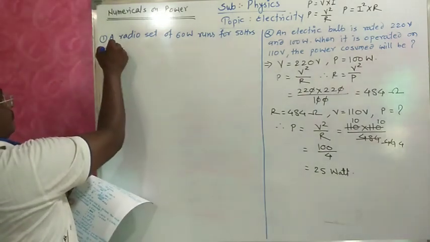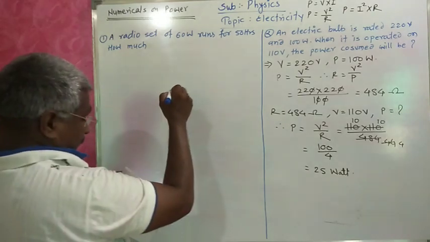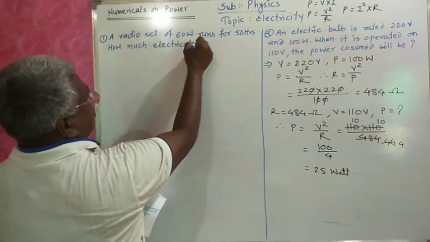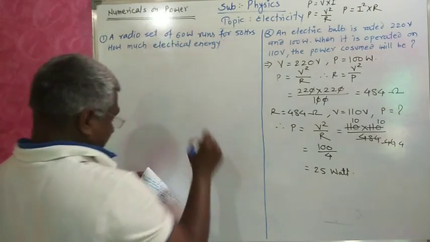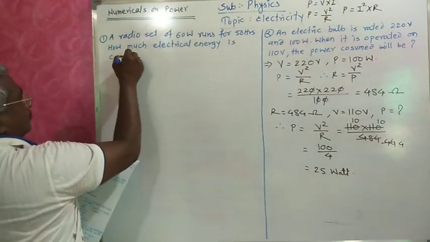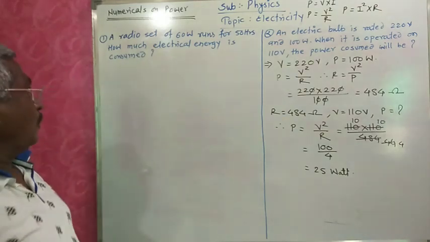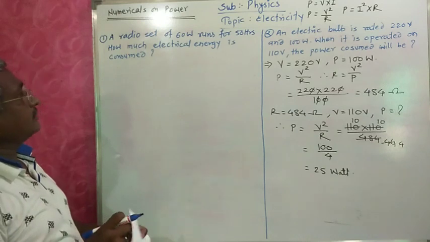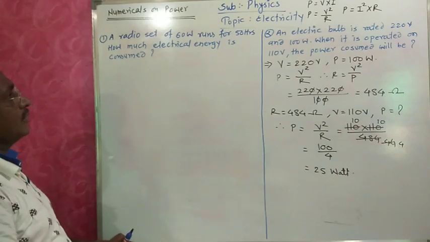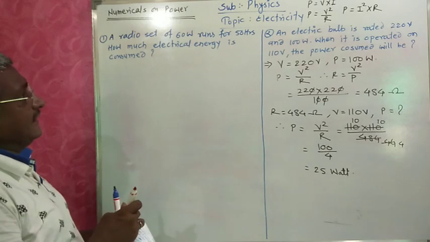How much electrical energy is consumed? So now what do they ask? A radio set of 60 watt runs for 50 hours. How much electrical energy is consumed?